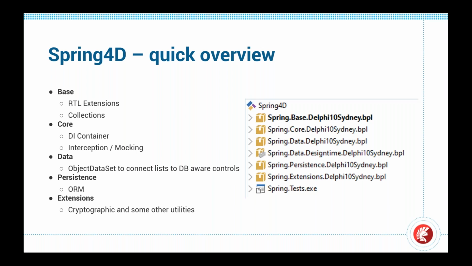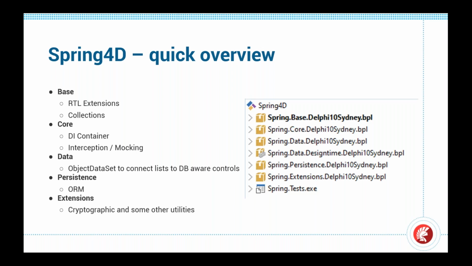It contains a rich number of collections, which we'll see later. And there we have the core package that contains a DI container and an interception/mocking library. I will not go into details about those because that could easily span an entire session of its own.